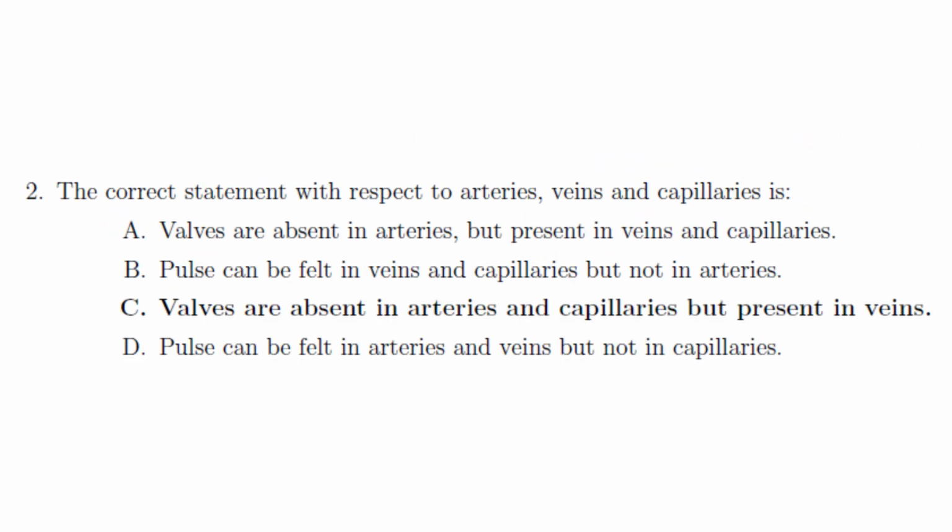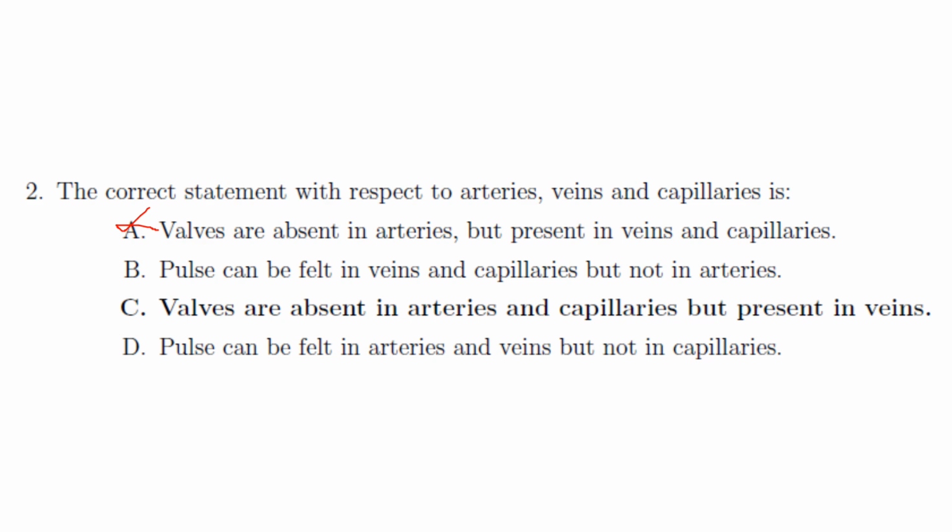The correct statement with respect to arteries, veins and capillaries. Valves are absent in arteries but present in veins and capillaries. Valves are not present in capillaries, so A is not the right answer. Pulse can be felt in veins and capillaries but not in arteries.